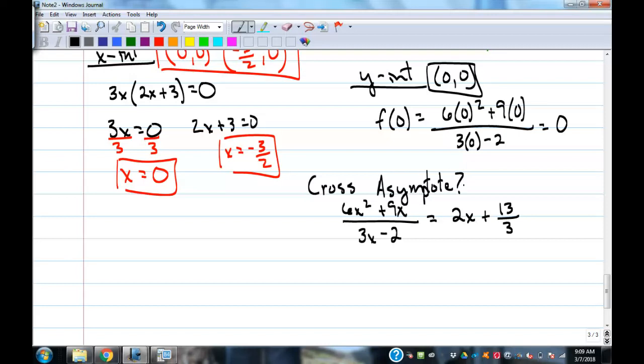So we're setting the function equal to whatever the horizontal or oblique asymptote is. One or the other. Okay. So here we had oblique at 2x plus 13 over 3. How are we going to solve that?